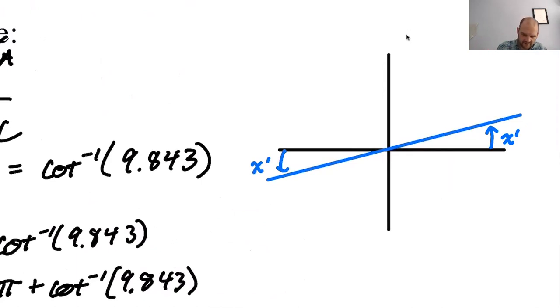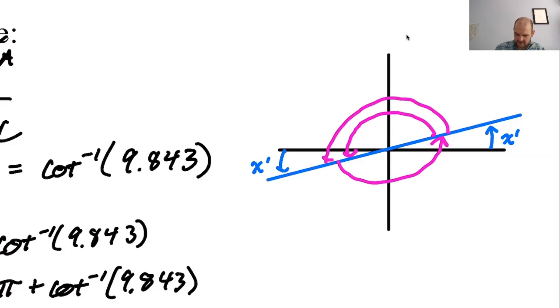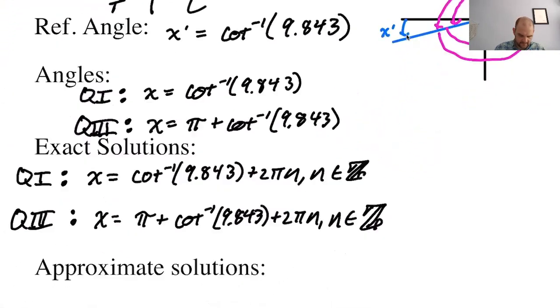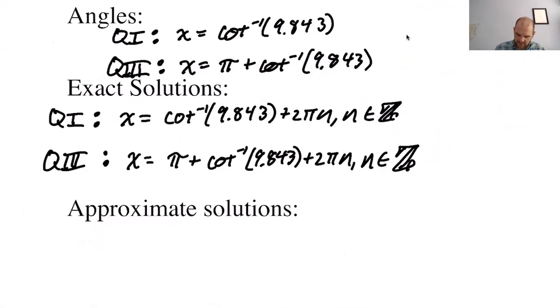But look what's happening here. If I start at this and just add pi, it'll take me to the other angle that I get. If I then add pi to that, it'll take me back there. If I add pi again, I'll be here. If I keep adding pi. So actually, what I could do is I don't need both of these.